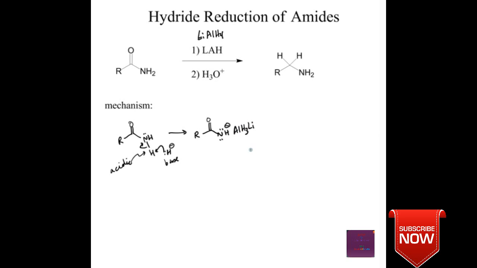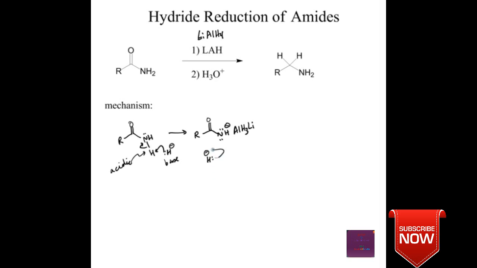It's going to be adding to this lone pair, stabilizing it. So it's not just a plain old nitrogen with a negative charge. It's forming a bond with this aluminum, and that's going to be stabilizing it. So even though it's negatively charged, this is just how reactive hydride is.